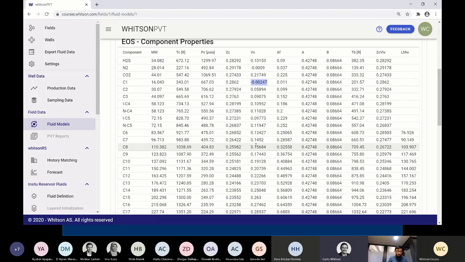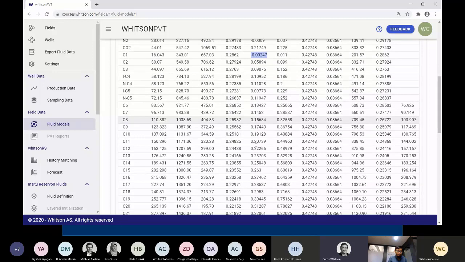So the C8 would be minus 15%, too low. The C19 or the C20 would be minus 30% in error, down for C20.